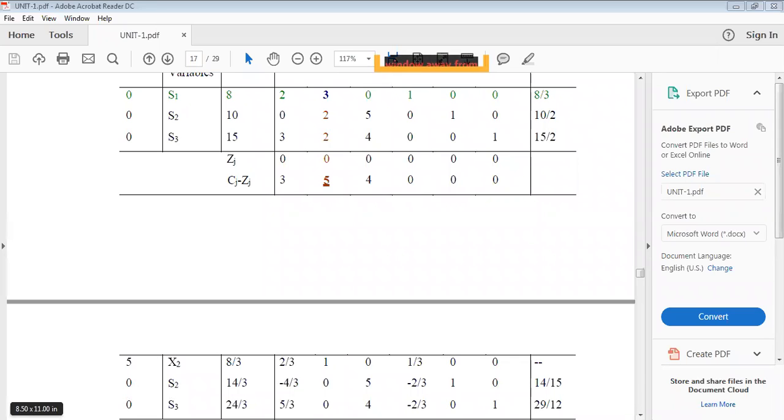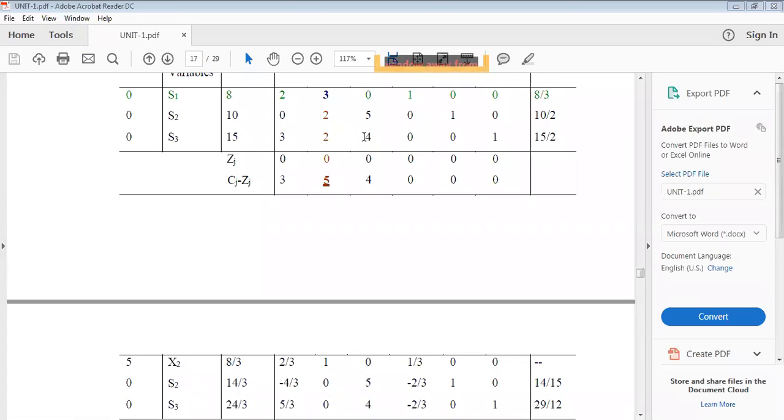The new R3 is equal to old R3 minus 2 into this new R1. With respect to this particular row you have to calculate. So this old R3 is going to be converted into this new R3. New R3 is equal to old R3.